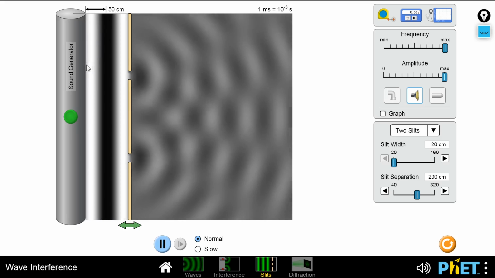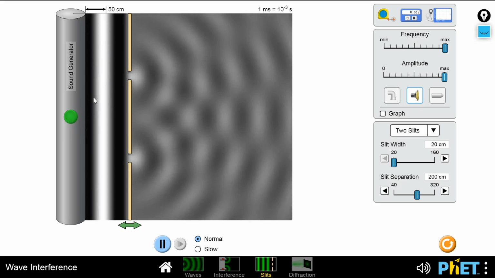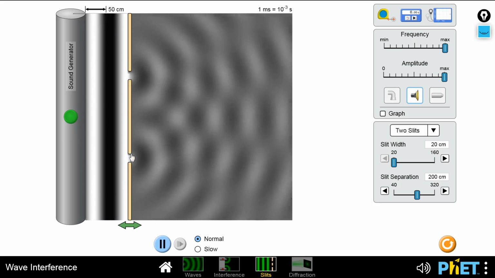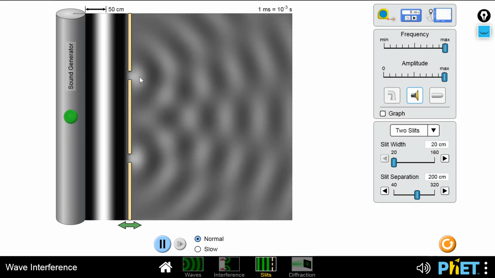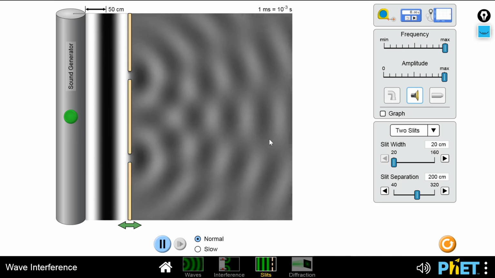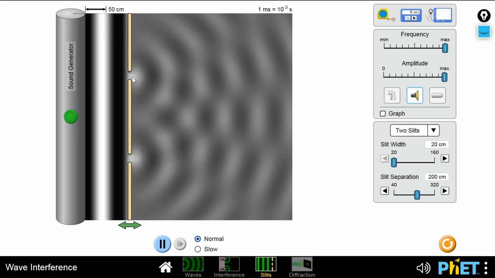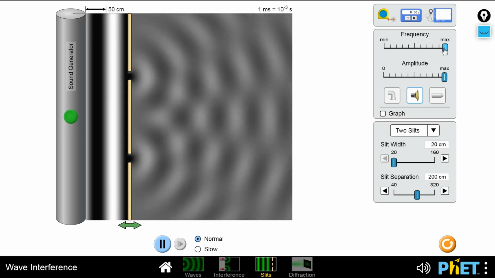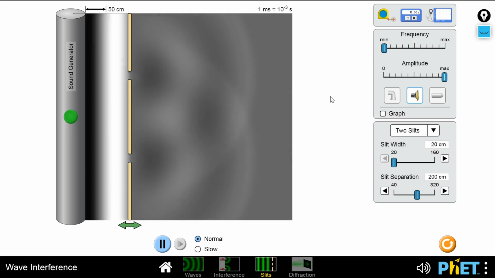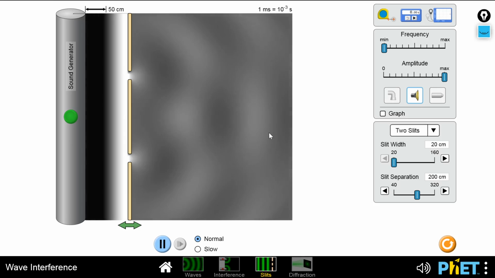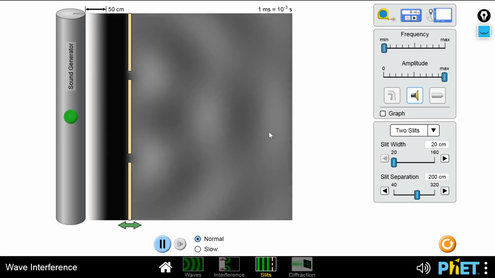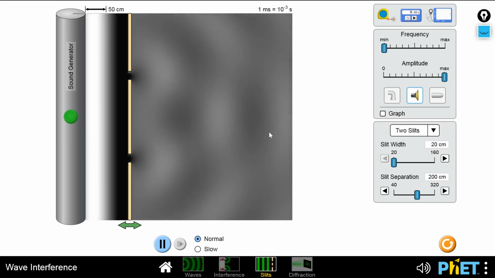Namely, the line source comes, hits the opening at top, hits the opening at bottom. They both appear as coherent point sources, and they interfere, producing the standard interference pattern that we would expect from previously. This is with a small aperture, with low frequency. Same thing happens with higher frequency, it's just that the pattern, as we're used to by now, is much smaller.